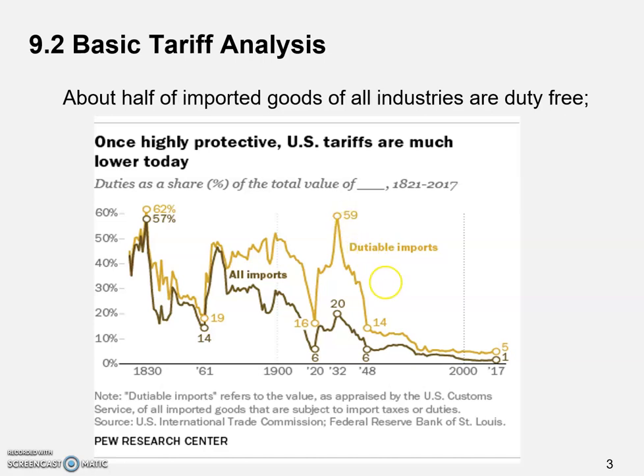Of course, after World War II, we see a significant decline in these two shares. If we just look at the share in all imports, it decreased a lot, all the way to 1% in 2017.